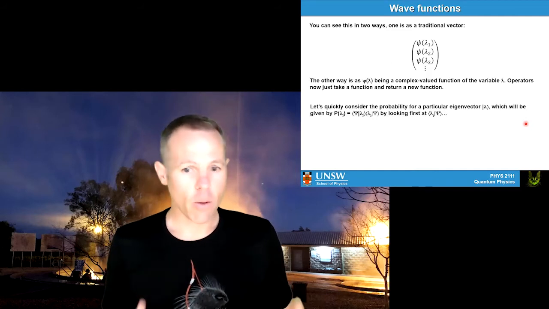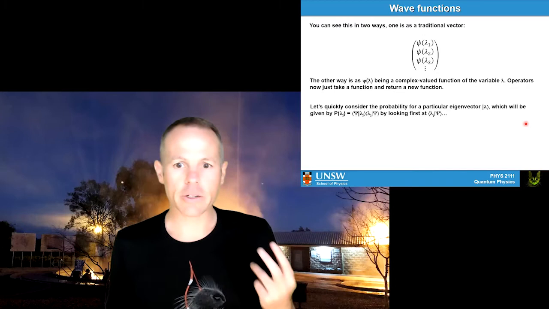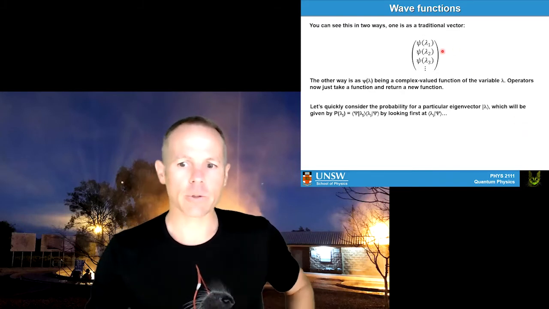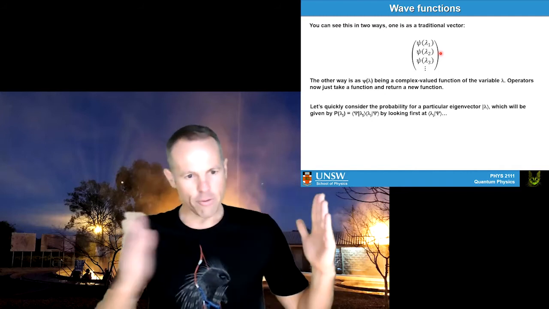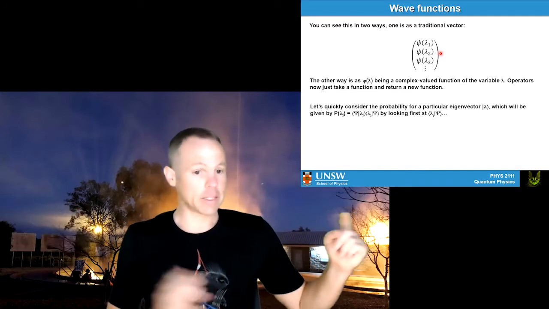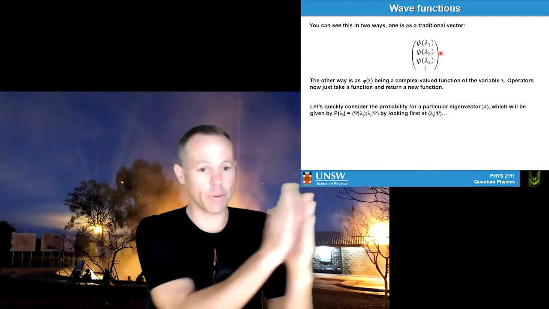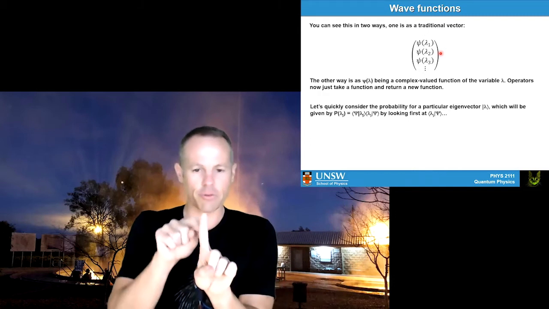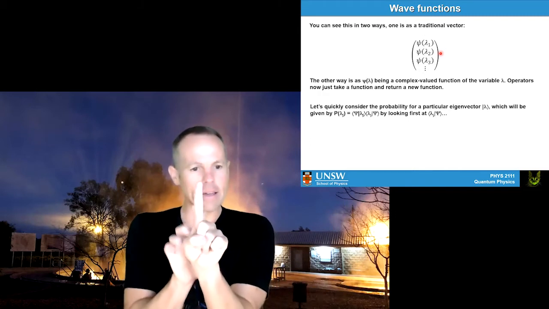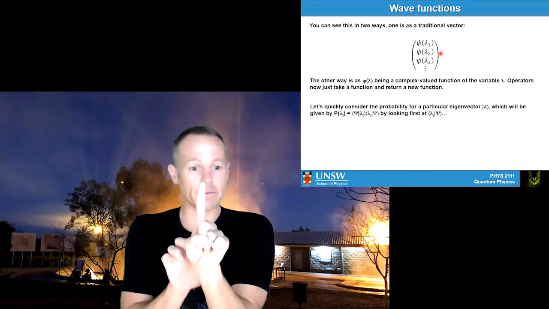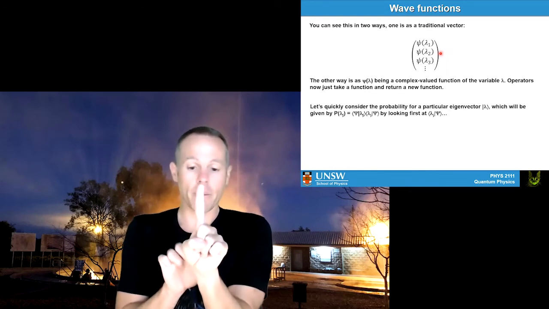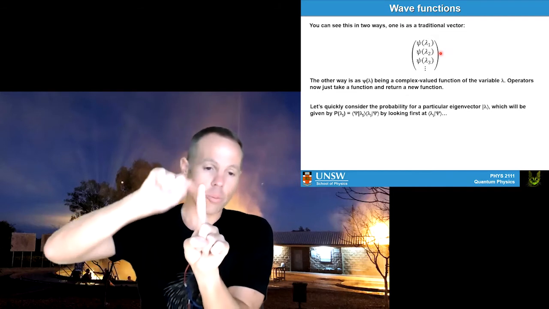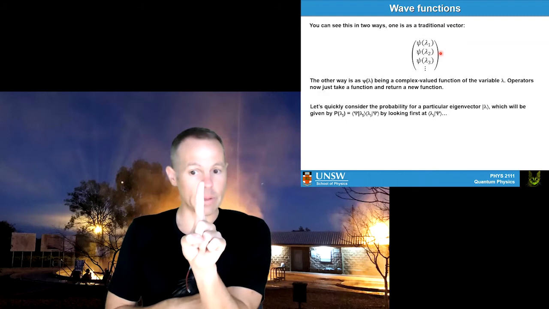Okay, so if we think about wave functions a little bit now, what I'm going to do here is start with this idea of being able to see the wave function as a traditional vector, in the sense that you take your x-axis, you chop it up into little pieces, and you ask, what is the complex prefactor for finding the eigenstate or the eigenvector where x is at 0, for example, and there would be a complex number attached to that you can extract the probability from, all right?